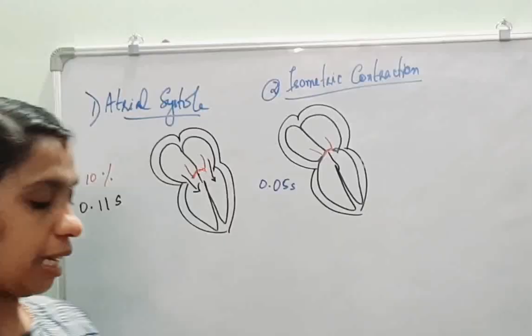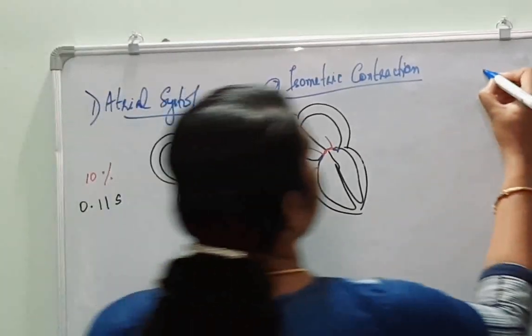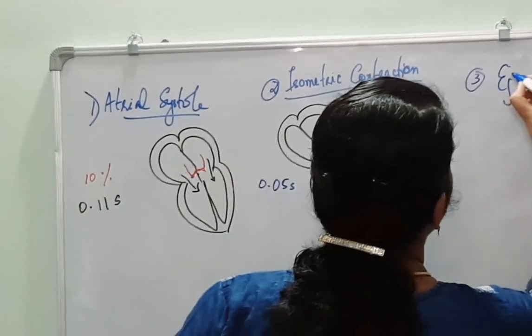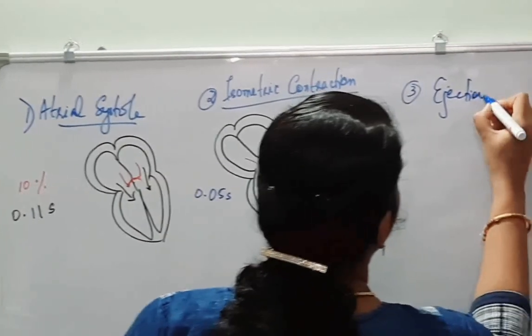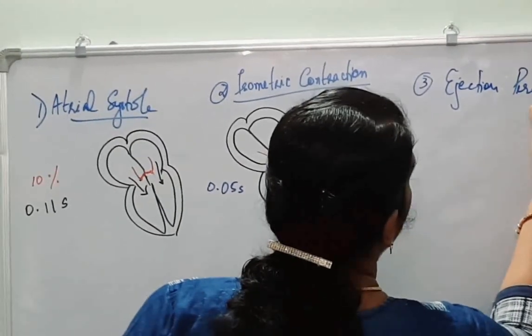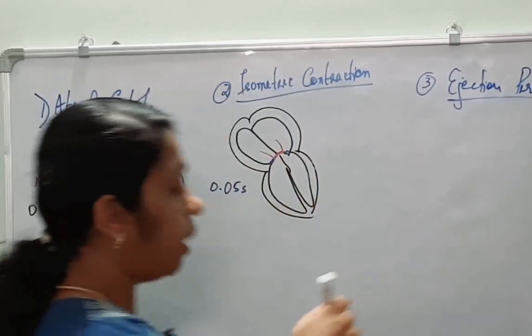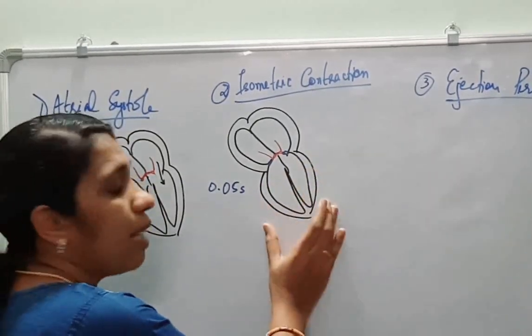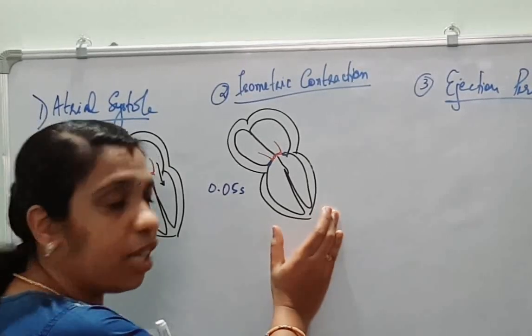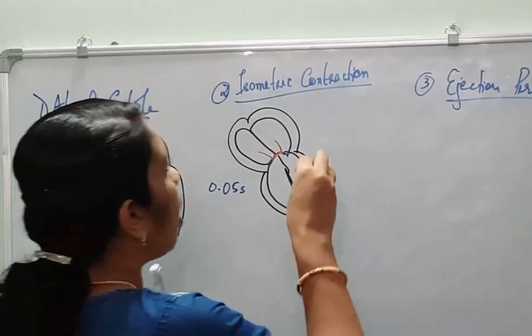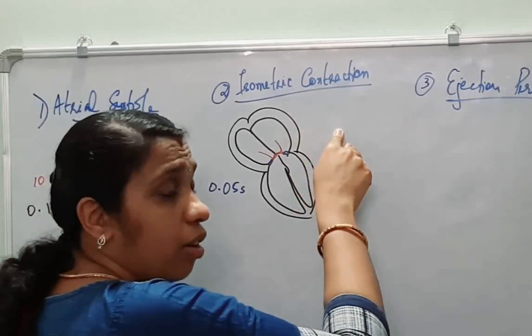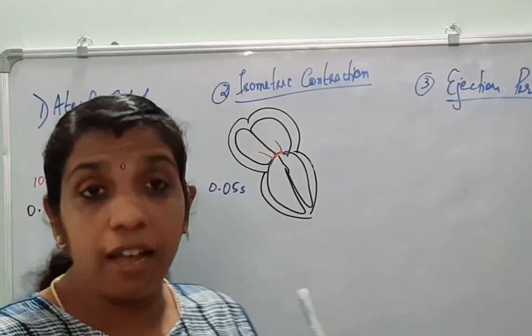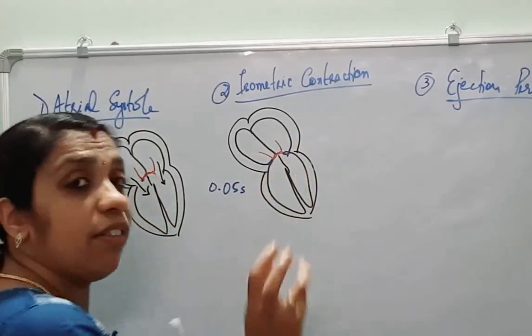Next, the third step is the ejection period. Now the pressure in the ventricle is increased. Because in the isometric contraction period all the valves are closed, the pressure in the ventricle is more.